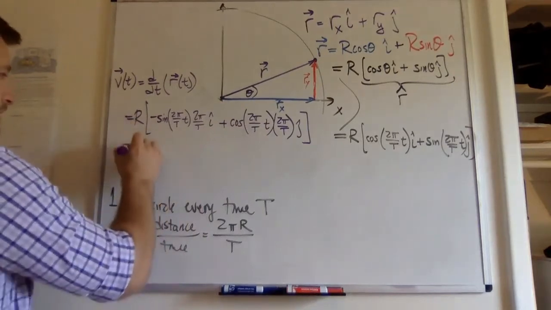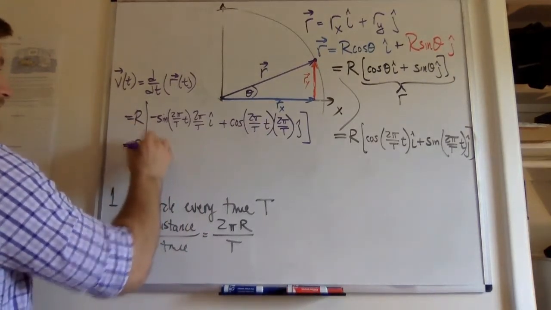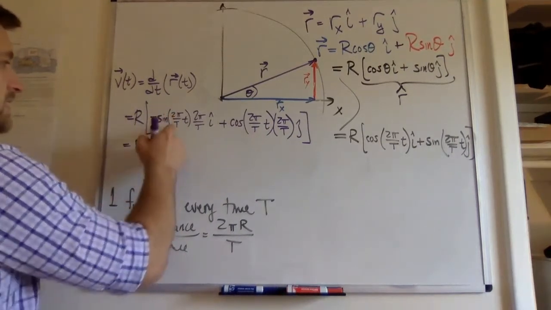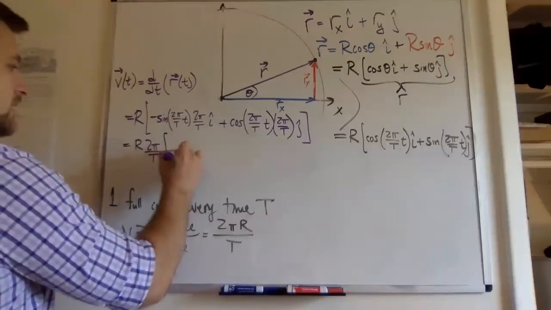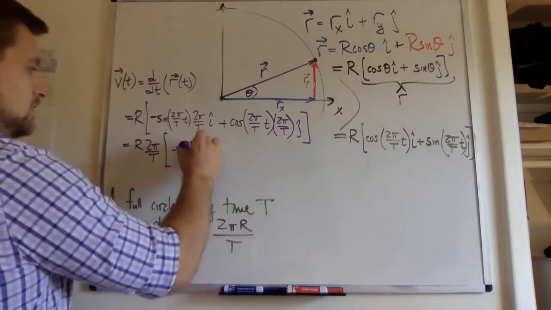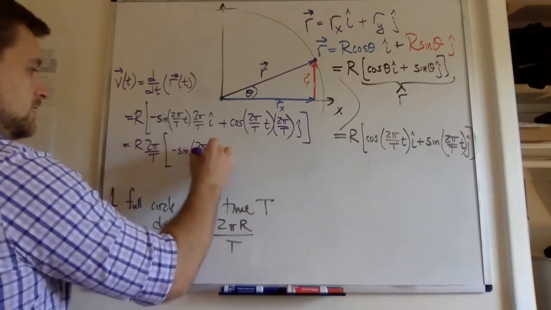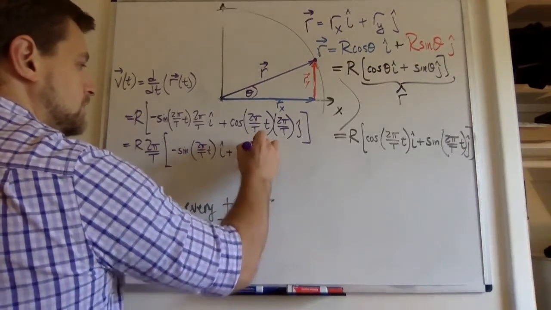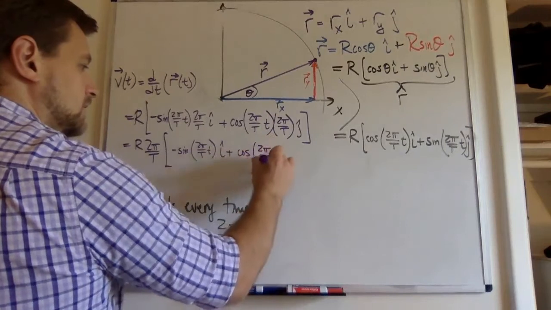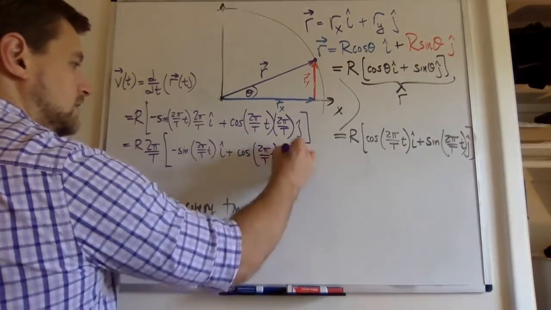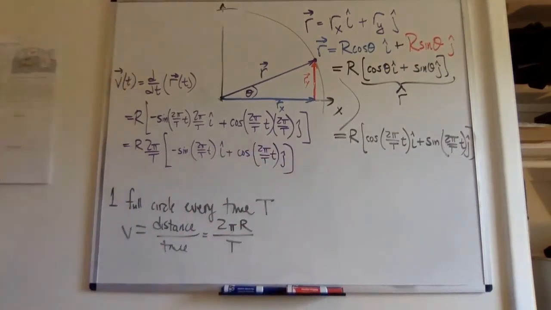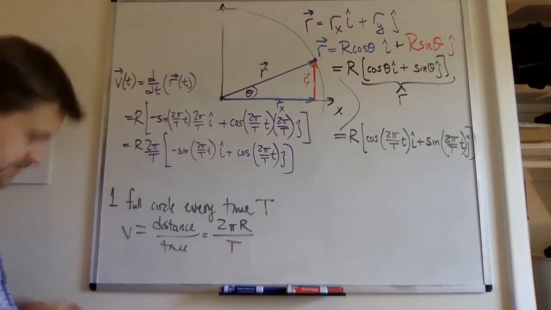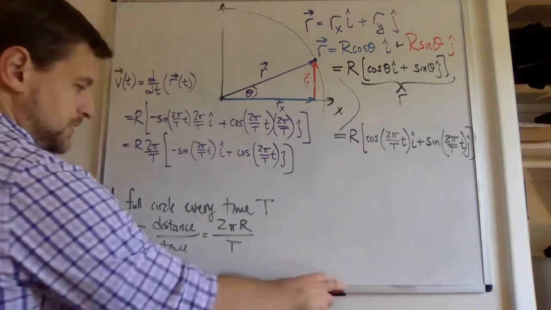Equals, we've got r 2 pi over T times negative sine of 2 pi t over T i hat plus cosine of 2 pi t over T j hat. Does this expression out front look familiar at all?